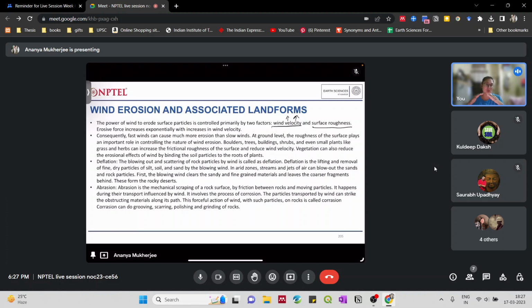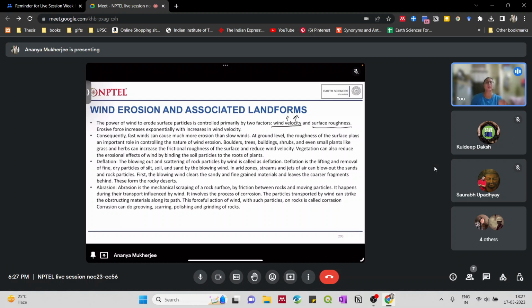Now if the wind velocity decreases, it cannot transport or erode with that much capacity anymore. So having vegetation is going to decrease the erosive power of a wind.